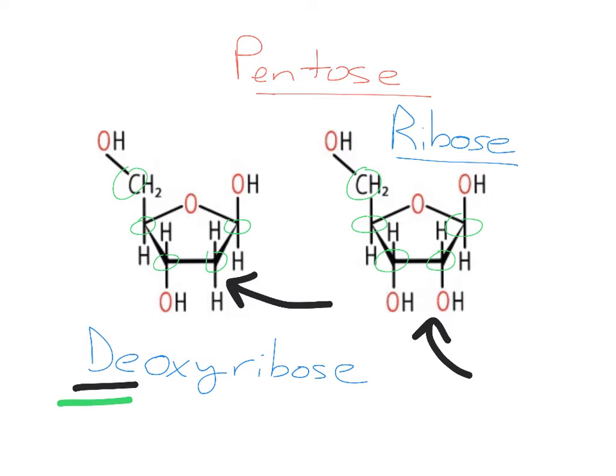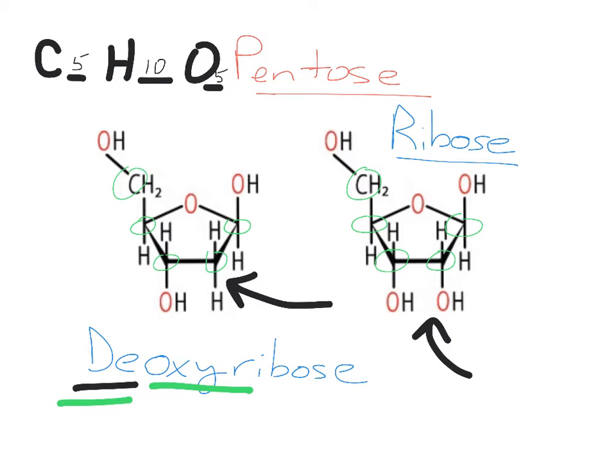And oxy, of course, meaning oxygen, and the ribose sugar being the pentose, the 5 carbon ring structure that's made of carbon, hydrogen, and oxygen. Also remember that since it is a sugar, we have C blank H blank O. In this case, if we know we have 5 carbons, then hopefully you know by now that it's 10 hydrogens and 5 oxygens.